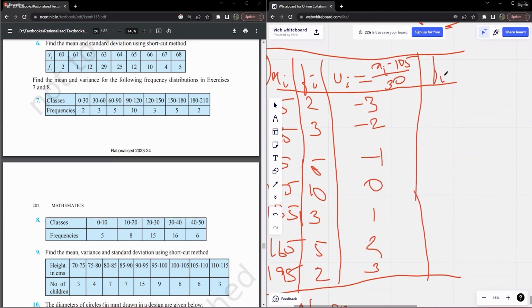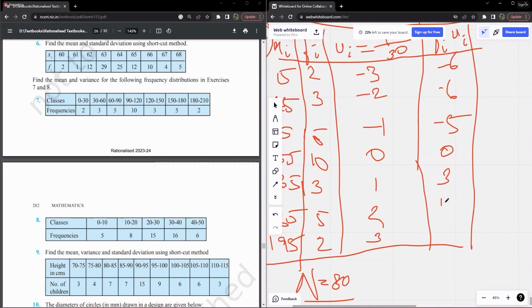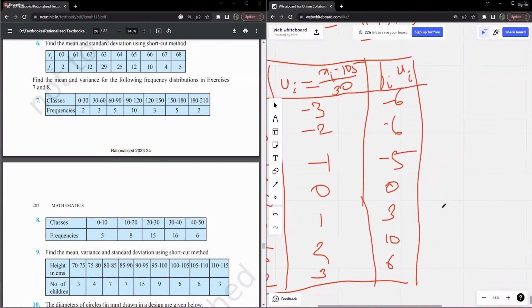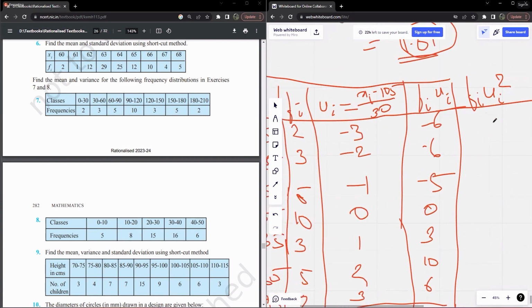Therefore, I can easily find out fi ui to be minus 6, minus 6, minus 5, 0, then this is 3, this is 10, this is 6. fi ui squared then will be, this is a 9, 9 twos are 18, this is a 4, 4 threes are 12, this is 1, 1 times 5 is 5, this is 0 of course.